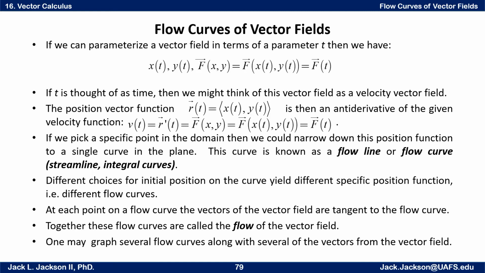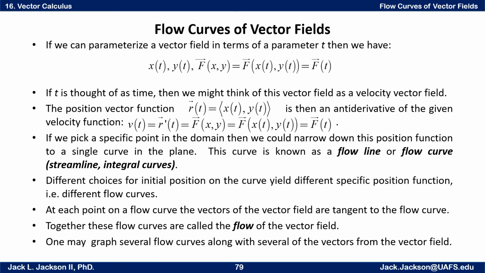The family of all these different flow lines or flow curves is called the flow of the vector field. We can graph several of these together, but just like when we're graphing the vectors, we can't graph every single vector because there are infinitely many of them. We can't graph every single flow curve, but we can graph a representative set of vectors and a representative set of flow curves.